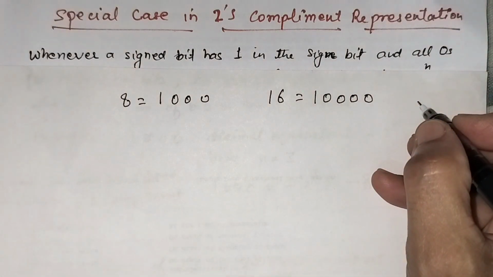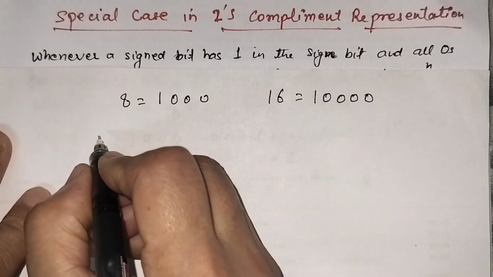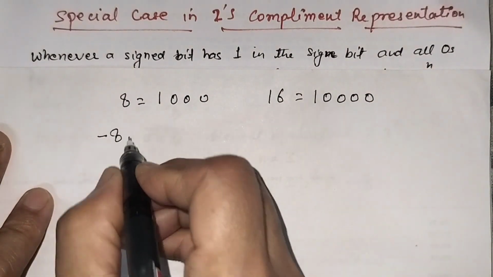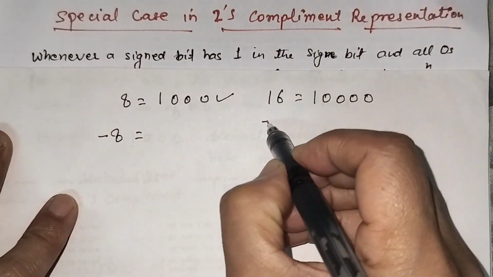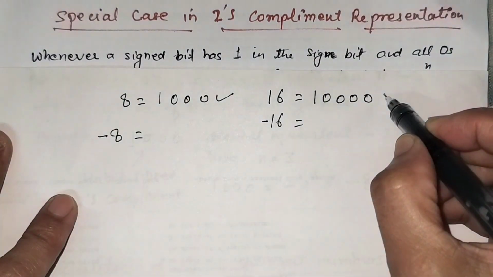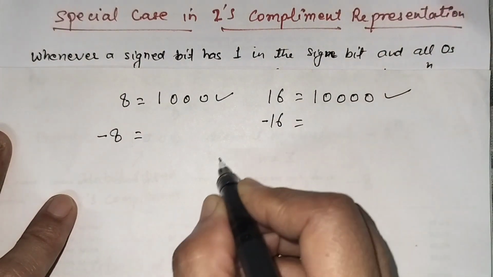Actually, 2's complement is used to represent a number in negative form. So when we write minus 8, we convert it into 2's complement form, or when we write minus 16, we convert it into 2's complement form, and when we do that, we get the same number.